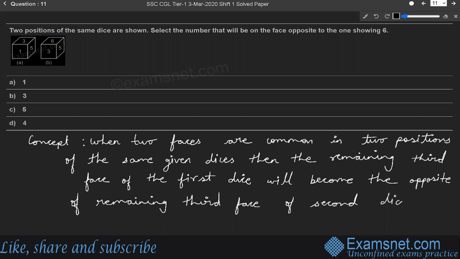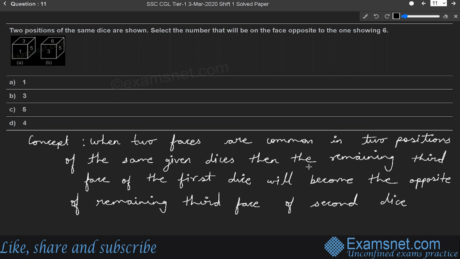So this is the concept that we will be using in the question. The concept is when two faces are common in two positions of the same given dices, then the remaining third face of first dice will be opposite to the remaining third face of the second dice.